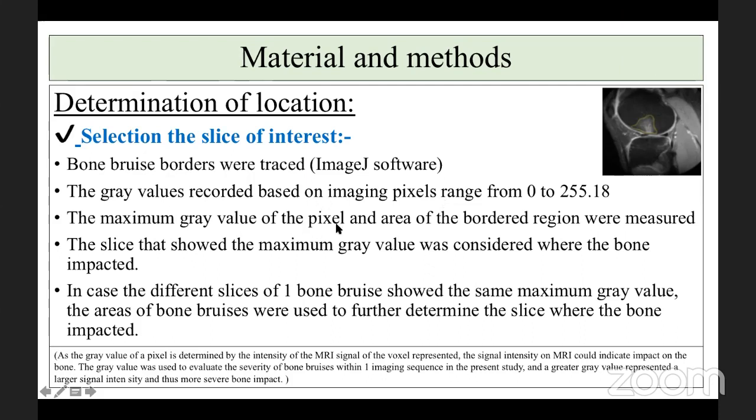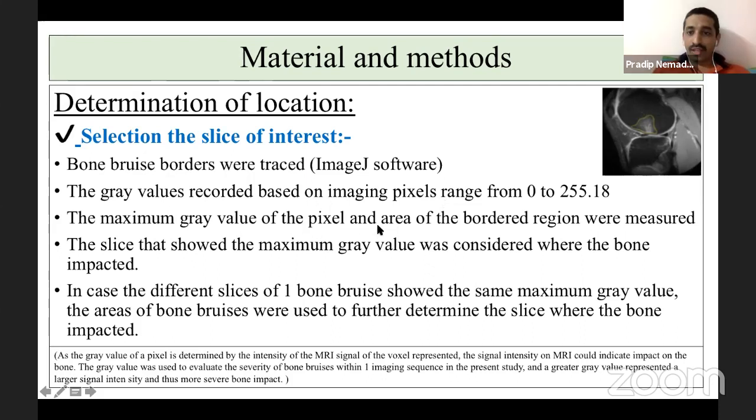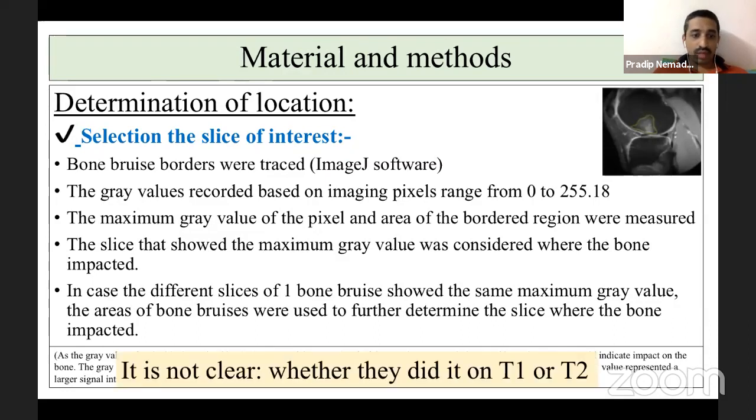The maximum gray value of the pixel and the area of the border region was thus measured, and the slide that showed the maximum gray area was considered the slide of interest. Now it is not clear whether they did T1 or T2. They have not mentioned it, but looking at the images, it looks like they have done it on T2.